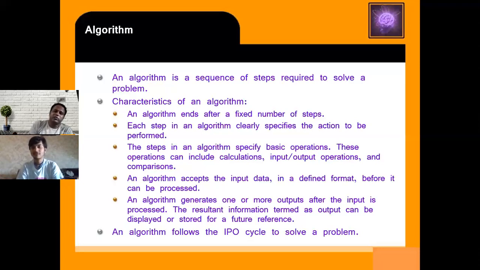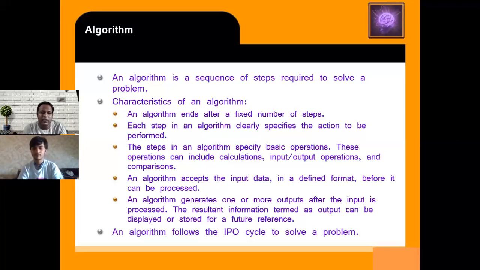So you require a defined format, a closed vessel like a bottle. For a liquid, like water or any kind of oil, you have to take a bottle. So the input will not be stored in just any format; you have to define a format for your input.